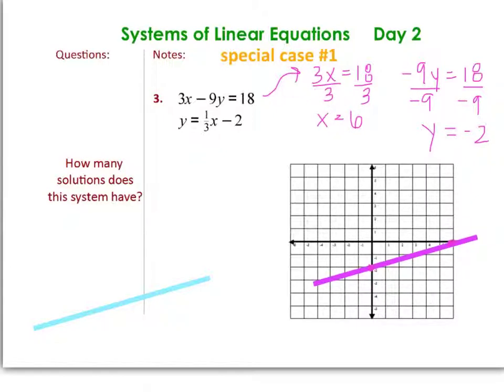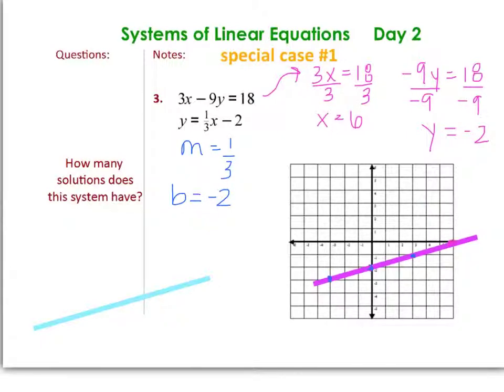Well, for my second equation, it says y equals 1/3 x minus 2. Well, I can go ahead and graph this because my slope is 1/3 and my b, or my y-intercept, is -2. So come down to -2 and you do your dot. Now I rise 1 and run 3. If I can't go up to the right, I can always go down to the left.